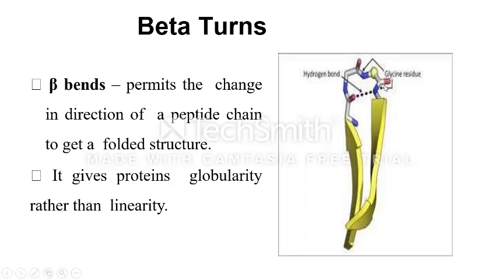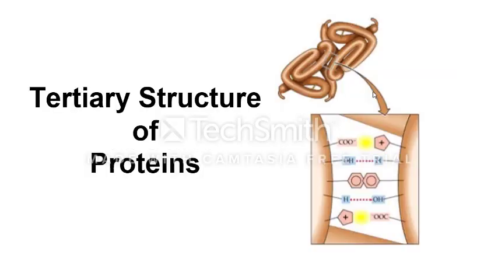So this is basically a beta turn. You see a glycine part, a very simple amino acid. It gives protein globularity rather than linearity. So to make proteins more globular, there are more beta turns.